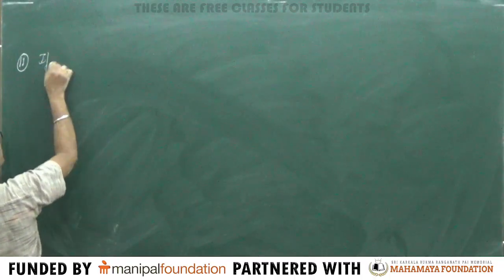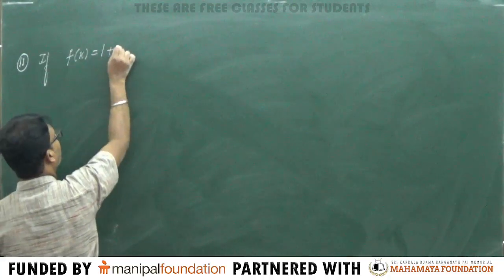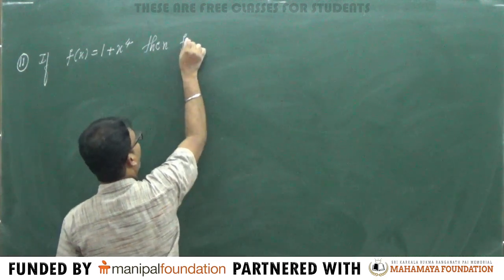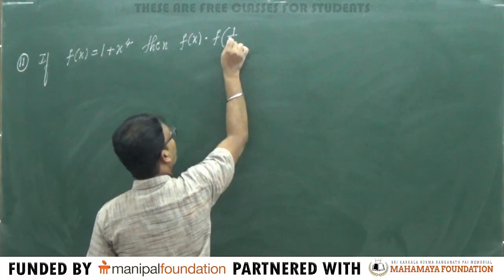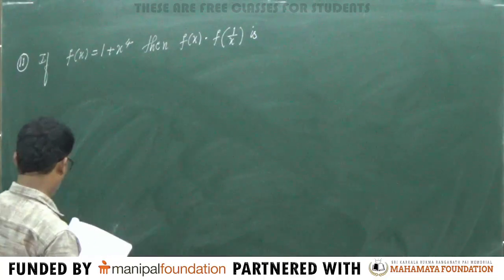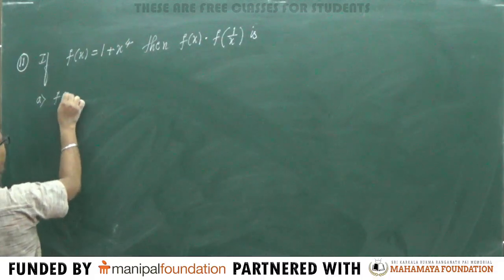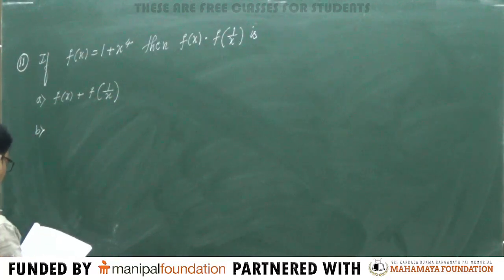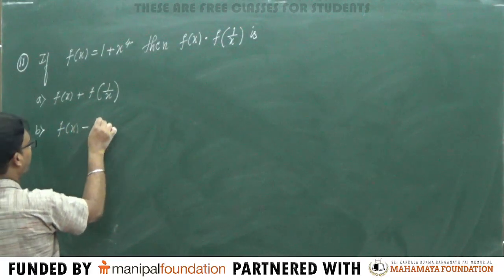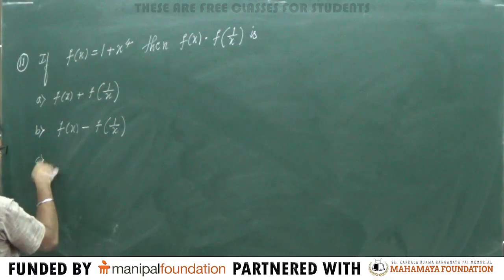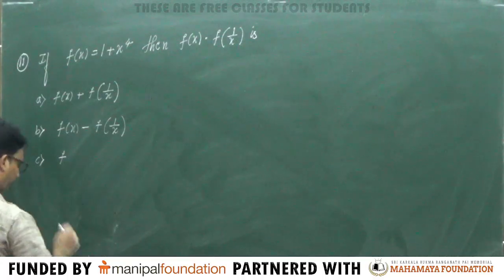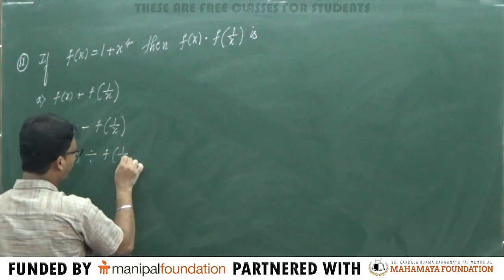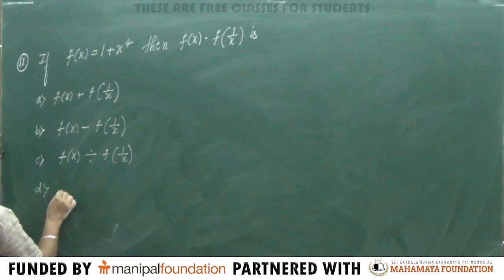If f of x is equal to 1 plus x to the power of 4, then the value of f of x into f of 1 by x is: option A, f of x plus f of 1 by x, option B, f of x minus f of 1 by x, option C, f of x divided by f of 1 by x, option D, none of these.